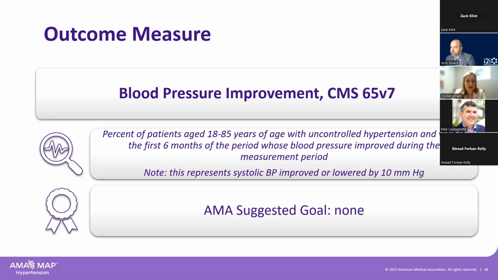For this measure, we're tracking that improvement in systolic blood pressure of patients that had a previous visit with uncontrolled blood pressure. The numerator is looking for that 10 millimeter of mercury improvement, and it's giving credit truly to those who make that improvement but don't quite reach control. For this measure, the AMA does not have a specific goal. Next slide.